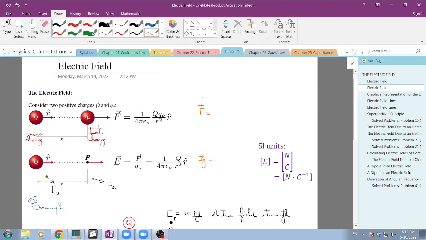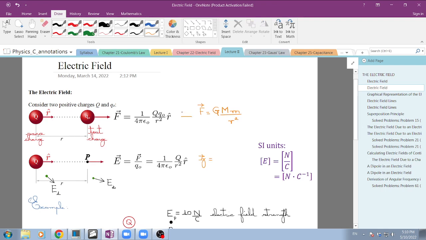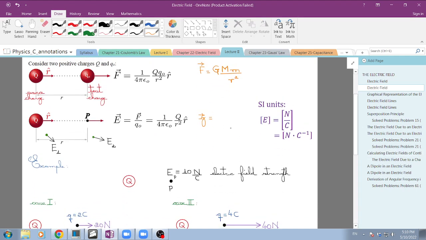Remember that the gravitational force is the gravitational constant multiplied by the product of the two masses and divided by the square of the distance between the two masses, right? Those are similar, they have the same mathematical formulation.